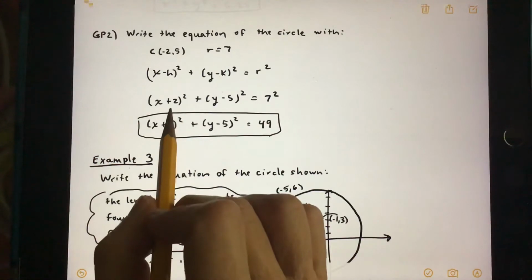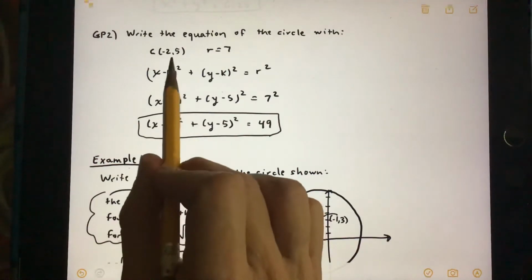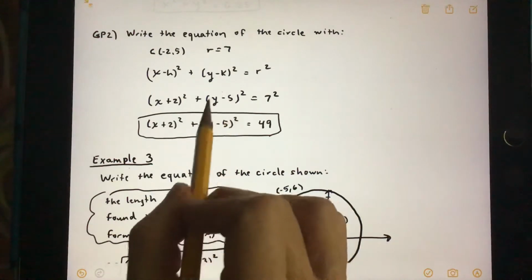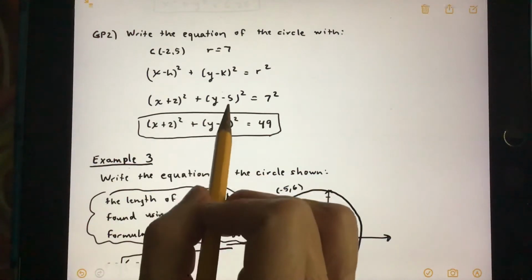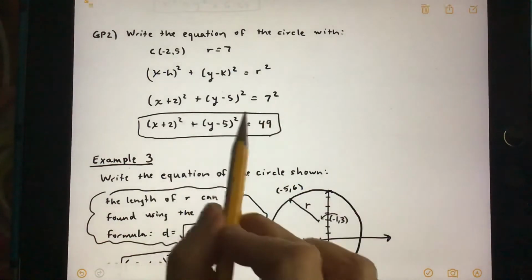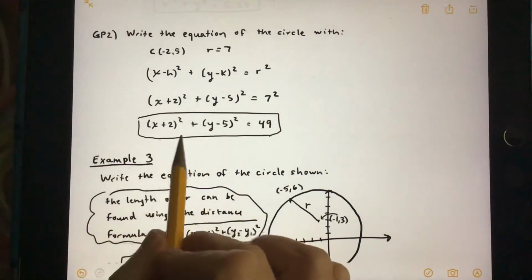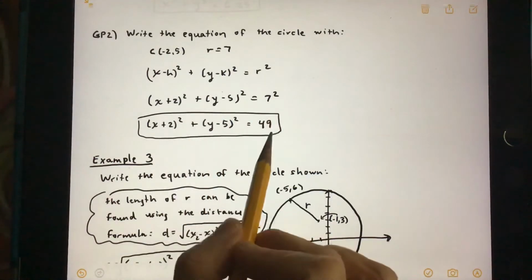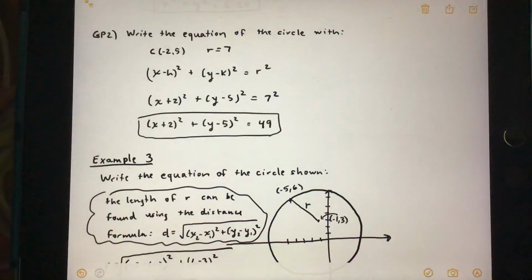So x minus −2 is the same thing as x plus 2. And then y minus 5 will be written in these parentheses. So we're replacing k with 5, and that's equal to our radius of 7 squared. We'll go ahead and leave our (x + 2)² and our (y − 5)² as is, and 7 squared we'll rewrite as 49, and we're done.